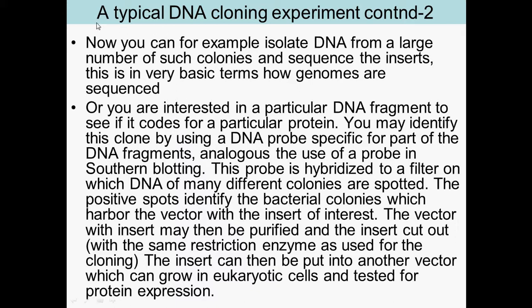And then you can take one of those bacterial colonies, take the plasmid, and then you can sequence the insert. So this is a simple way how the genome is sequenced.